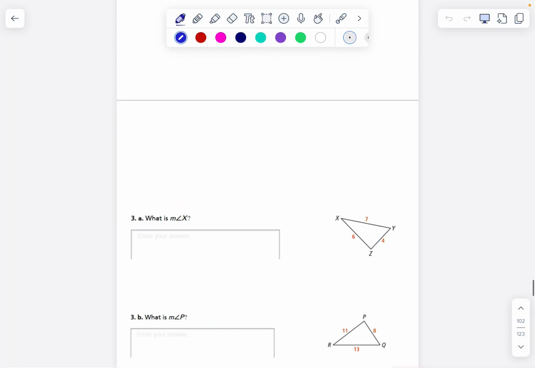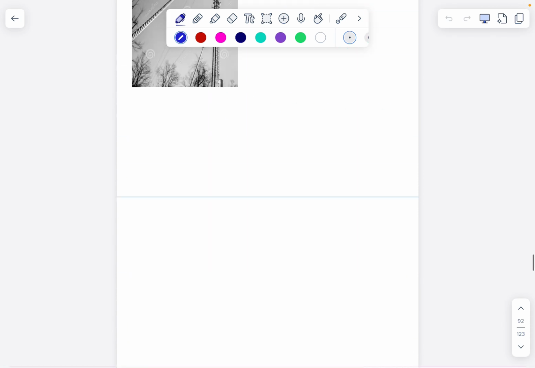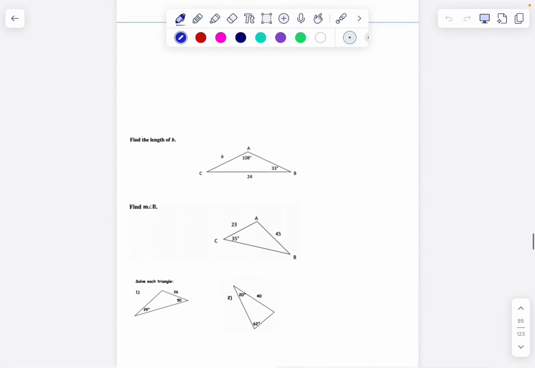The one, you remember the Christmas tree one? At least that's what it looks to me like.